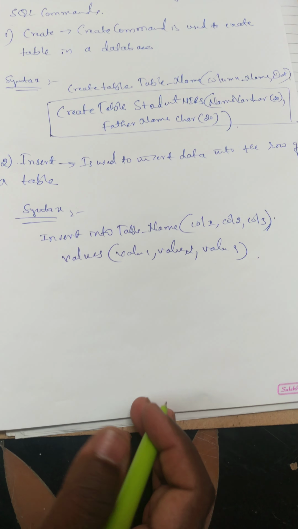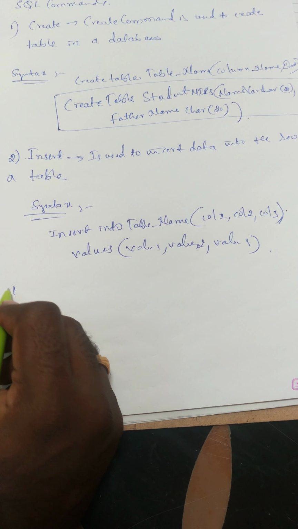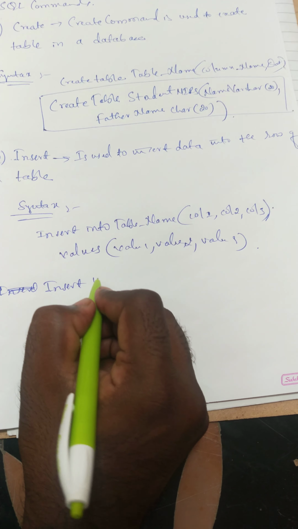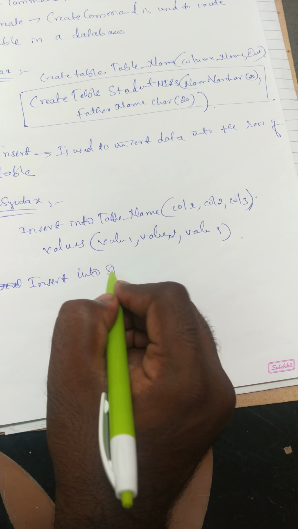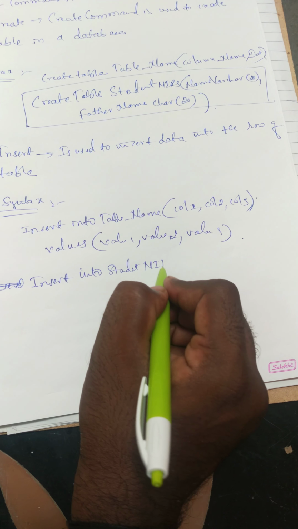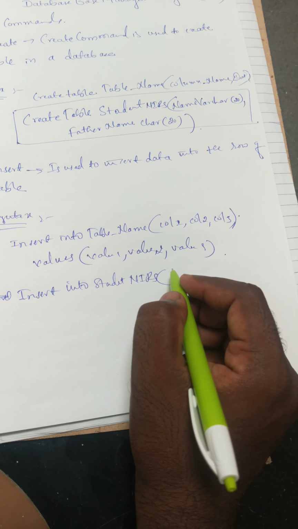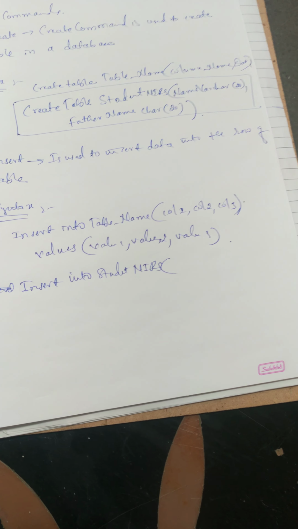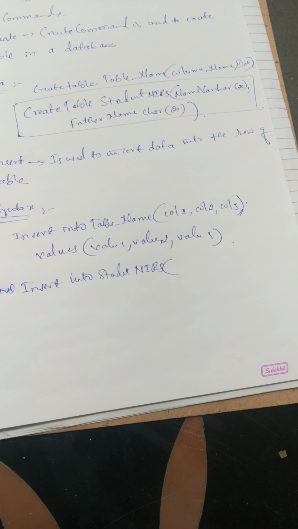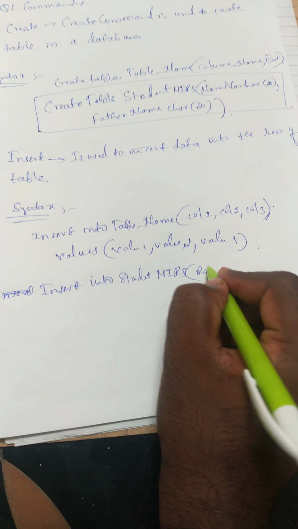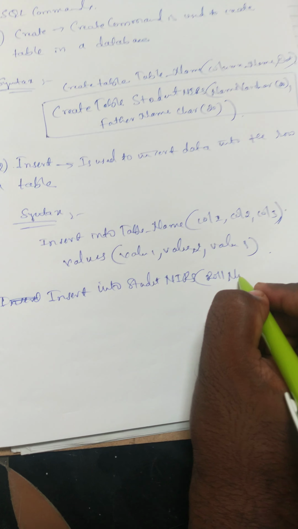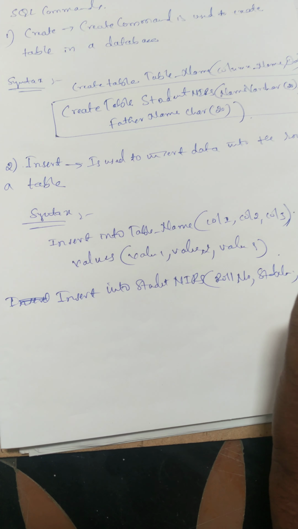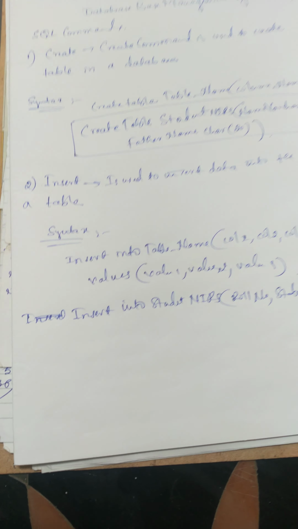Okay, so this is the syntax, and one example here I will write. Insert into, table name is student NIRS, bracket column 1. Suppose for example, in column 1 I have roll number, and in column 2 I have student name, column 3 I have father name, right?